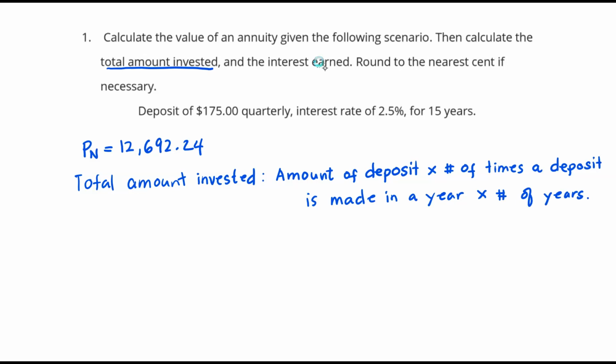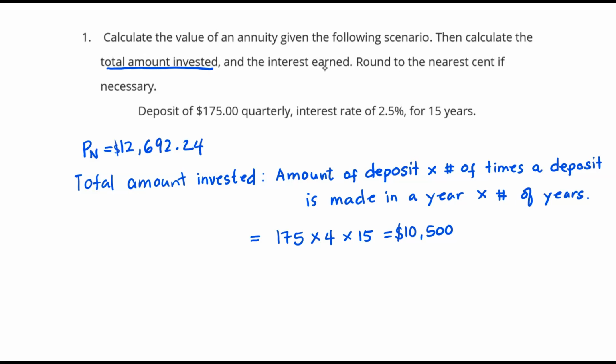So in this case, the total amount invested is 175 times 4 because the deposit is made quarterly, times 15 because we have 15 years. Multiplying 175 and 4 and 15 will give you $10,500. So $10,500 is the total amount invested.